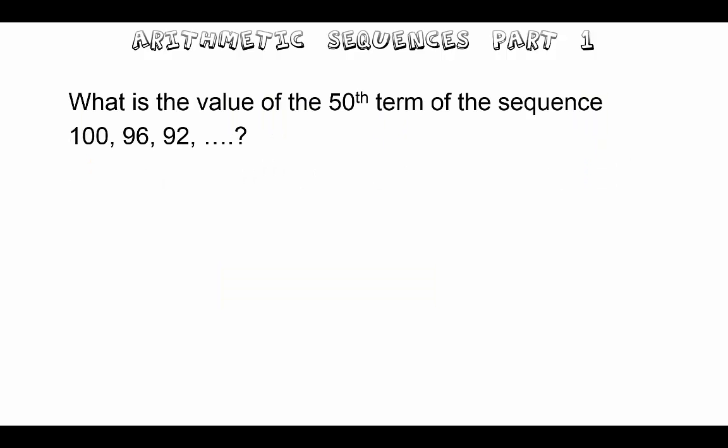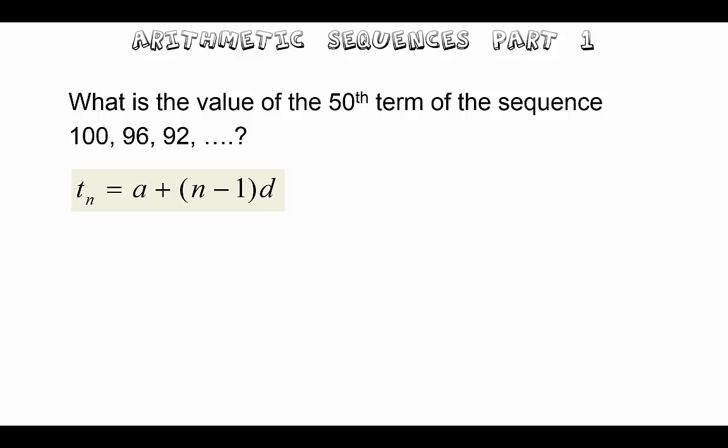Let's apply that basic property to this example. What is the value of the 50th term of the sequence 100, 96, 92, and so on? We begin by writing down our formula, Tn equals a plus n minus 1 d.